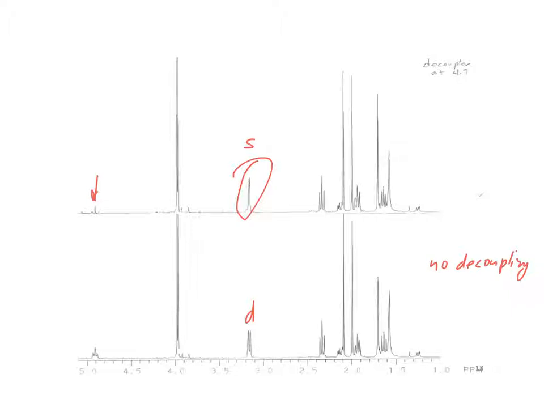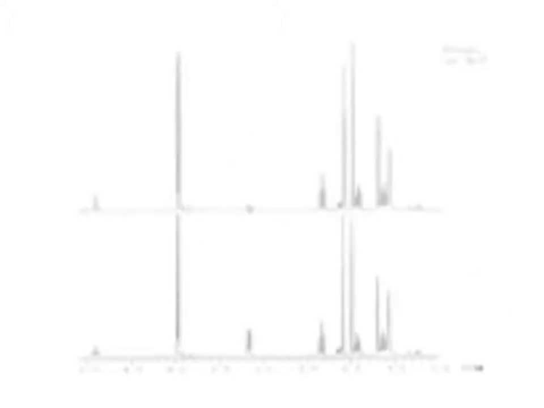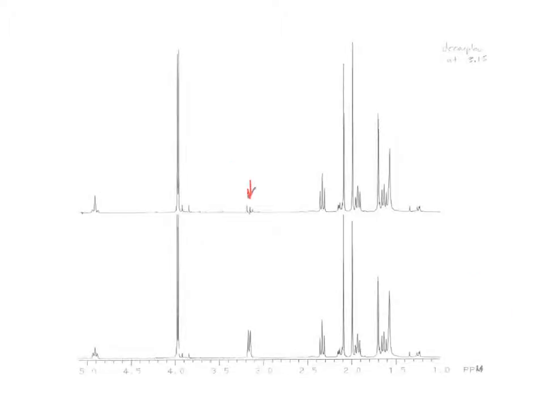And just to check it, what you'd usually do is go and irradiate that one and make sure that it goes back the other way. So again, here we place our decoupler right here, and this one is definitely changed.